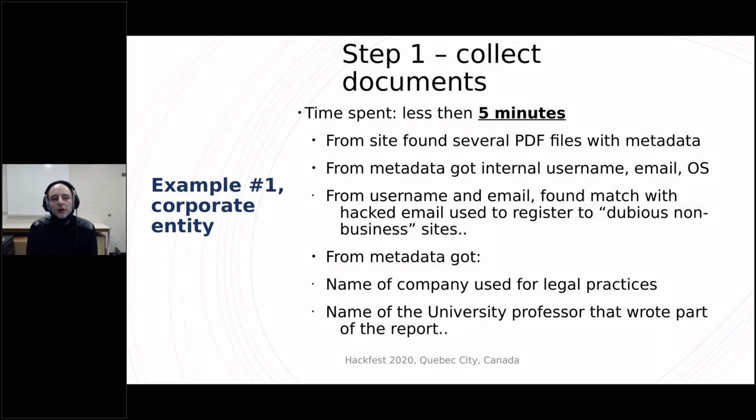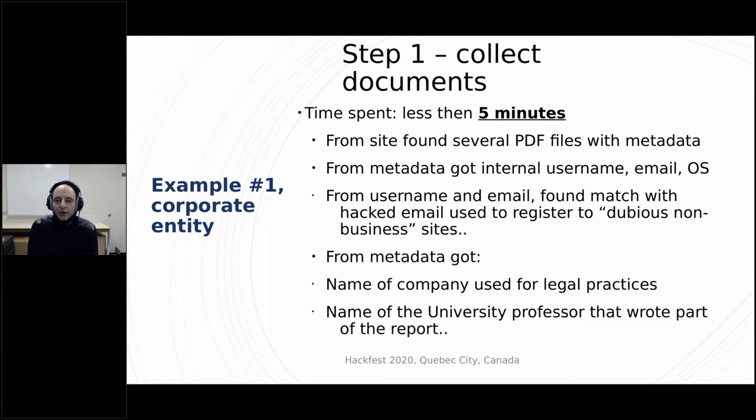Now, just to give an example, in one case, one corporate entity published files. Literally in 5 minutes, we found from the PDF the internal username, email, and operating system. Then we found that somebody who published this document was recorded in a mailing list that had been hacked, with dubious, not business content, to put it lightly.